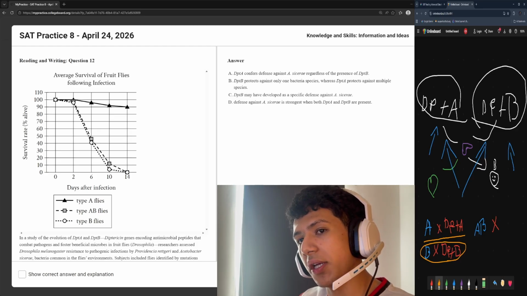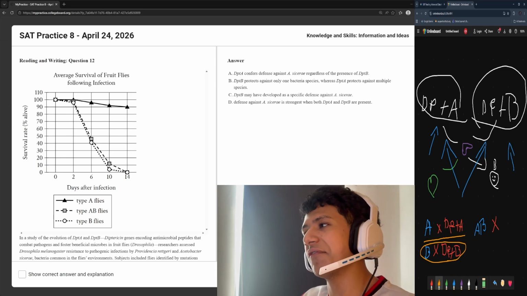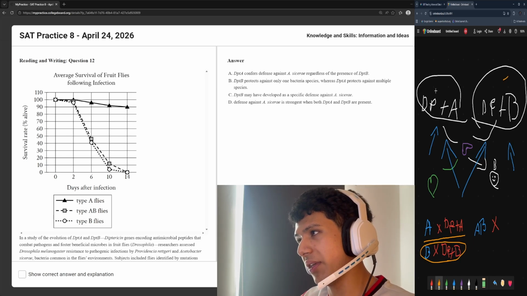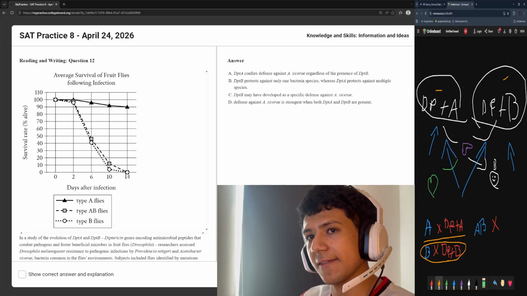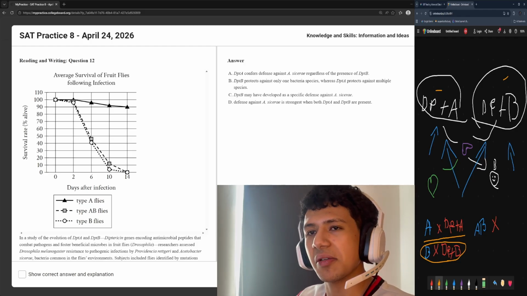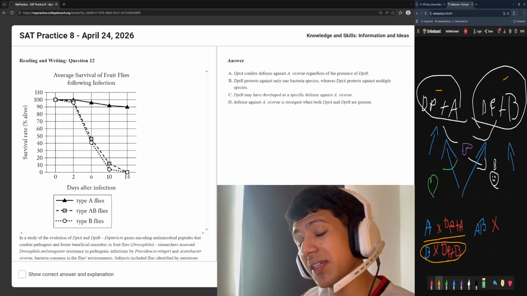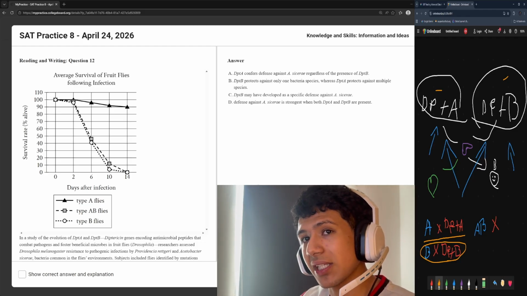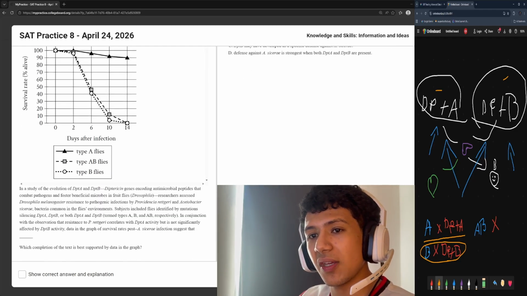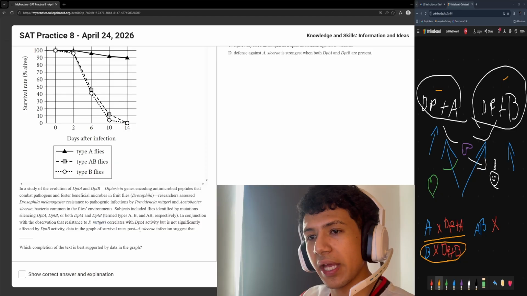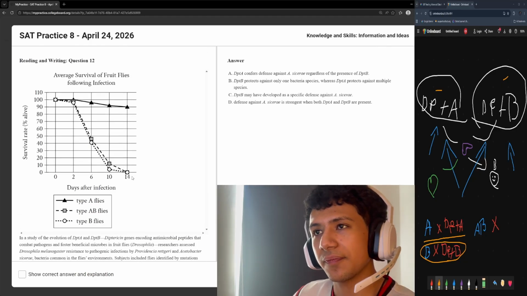Unlike the square one, which is type AB, which means they don't have DPTA or DPTB, then in that case they die because they need DPTB to survive. We can clearly see with the triangle. Type B is silencing the DPTB gene and it's only keeping the DPTA gene. But as we can see, keeping the DPTA gene might work for P. reitgeri, but it doesn't work for AS because they die.